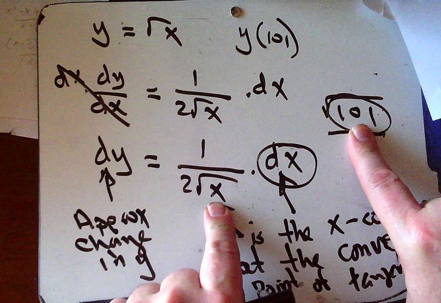I'm sure there are many old school ways for us to figure out the value of a function at an uncomfortable point, like square root of 101. But in the age of the calculator, why would we care? And so I'm always looking for, if I have to do it by hand, if I want an approximation, I want it to be something that I can do quickly without even looking for the technology.